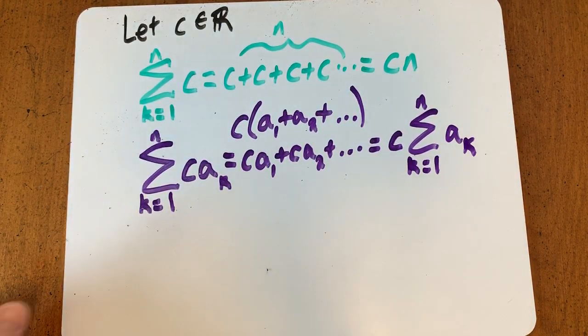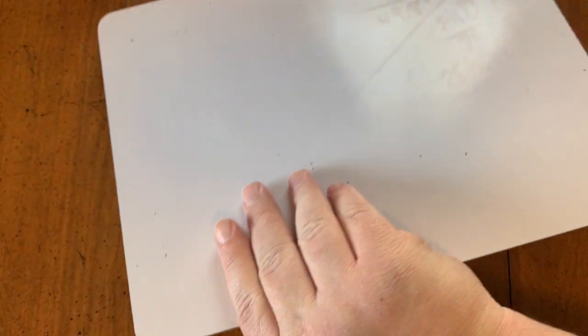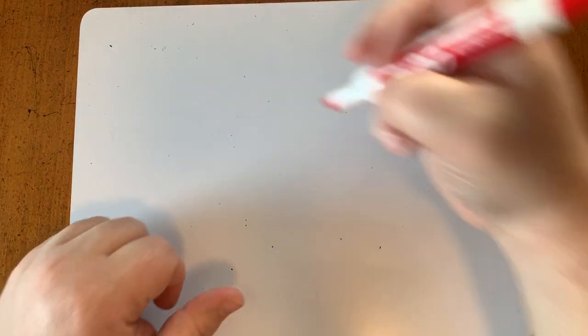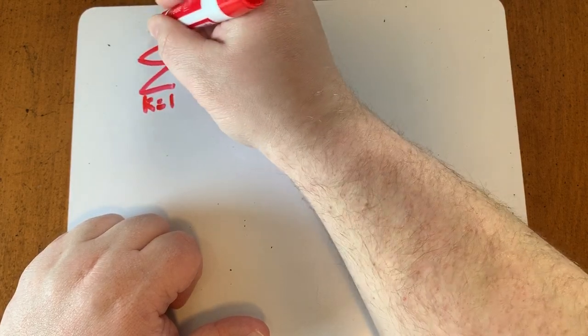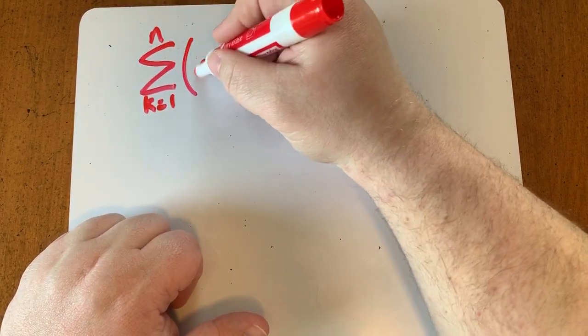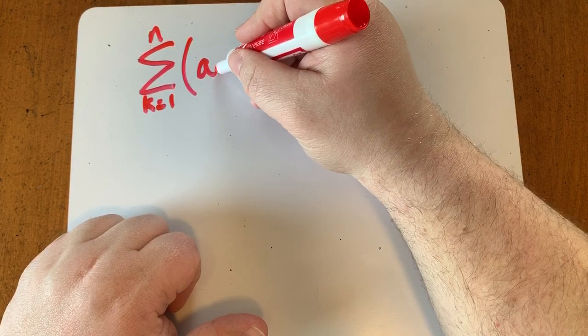And then there's one more property that's going to be useful to us. And that is, if you have a sum of a sum.